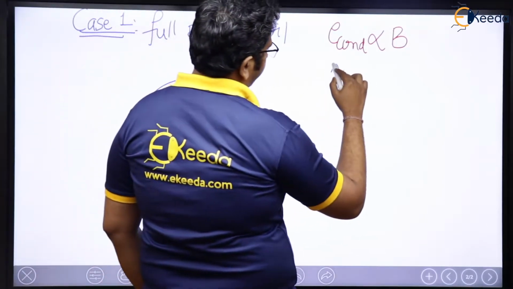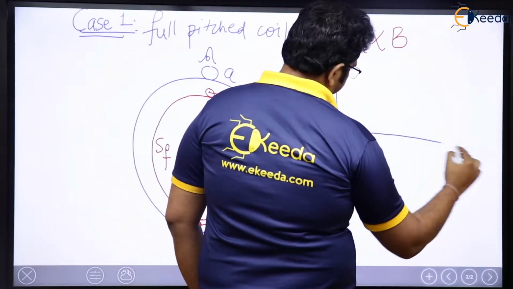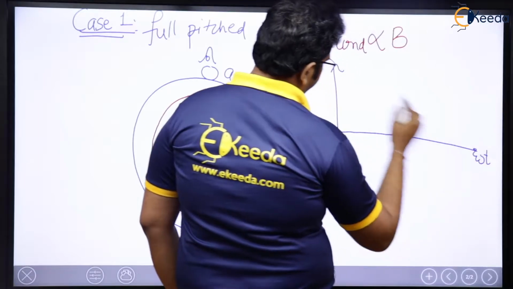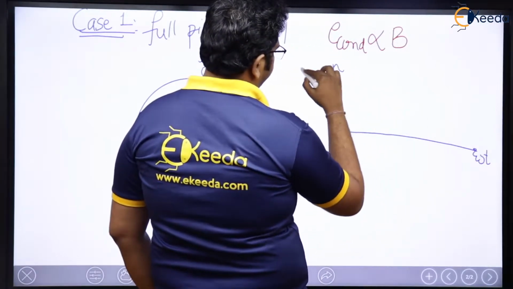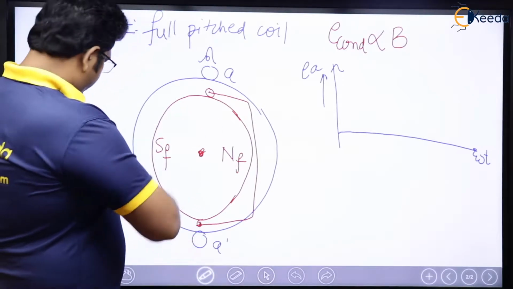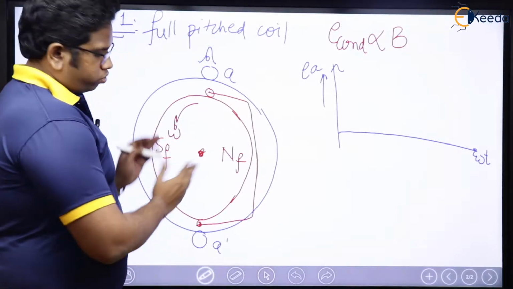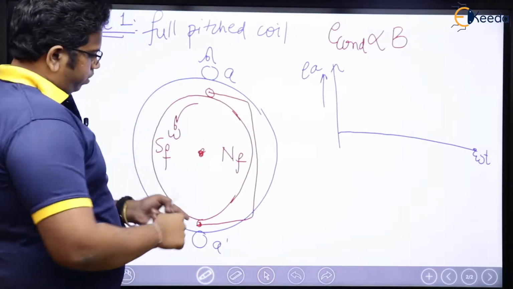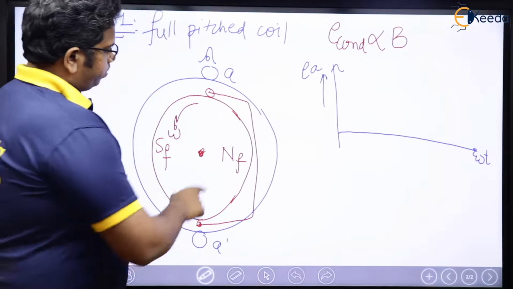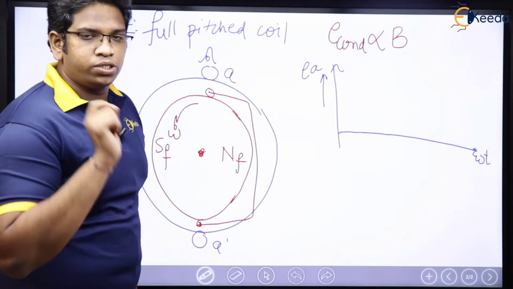Let us think of the induced EMF for EA. This is A, so let me consider EA. This is omega t, this is EA. Please tell me one thing: whenever my rotor rotates this way, the N pole will come here and the S pole will go there. When the N pole comes in front of A, it is going to have positive maximum.